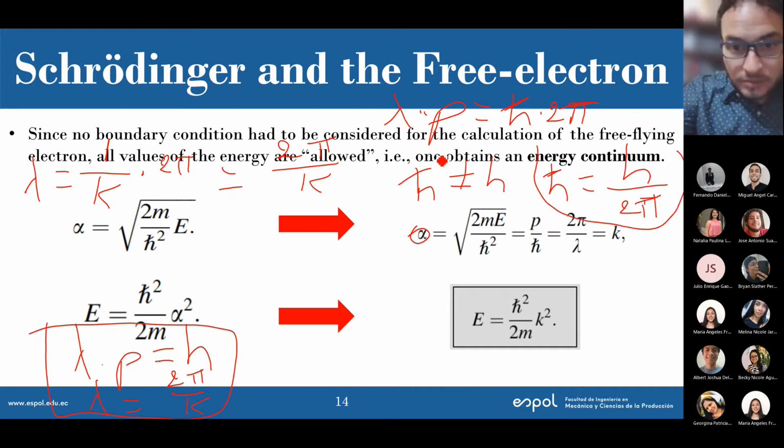And that is, if we solve for h here, for the Planck's constant, we get the variation of the Planck's constant times 2 pi, and that's what we replace here, right?